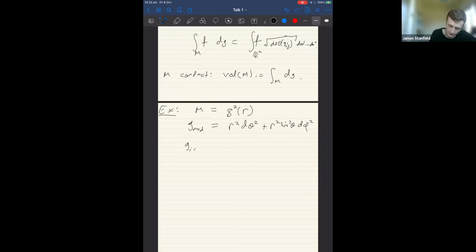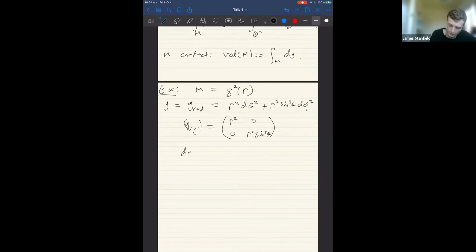And then the matrix representation of this, so I guess this is G, is just R squared, 0, 0, R squared sine squared theta. And so what does that give us? The volume form is just the square root of the determinant times d theta d phi. So there's R squared sine theta. This should be familiar from undergraduate vector calculus courses, hopefully.